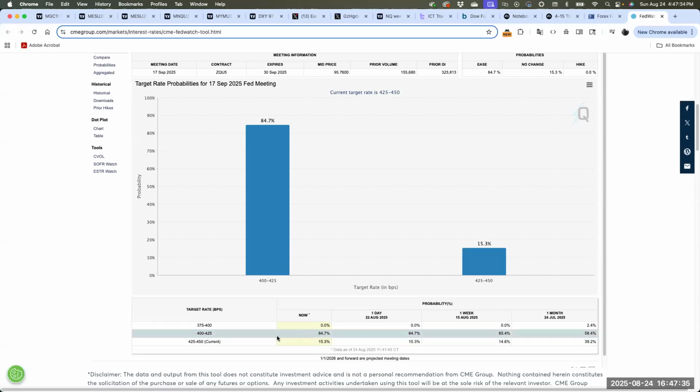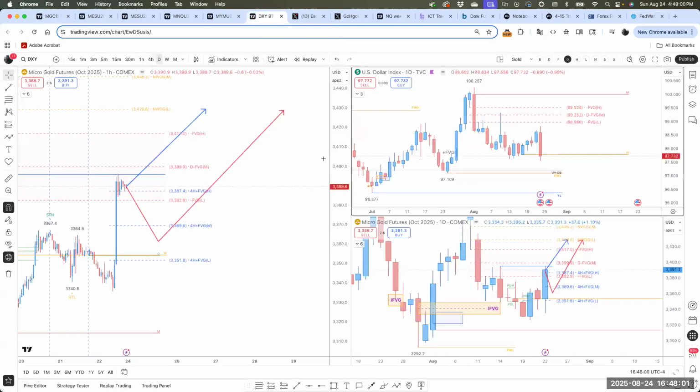So right now we're sitting at 4.5, and they're suggesting that we get drops that will put us between 4.0 or 4.25. So that's what they're looking at for the September 17th rate. And on this news, pretty much the dollar reacted negative.